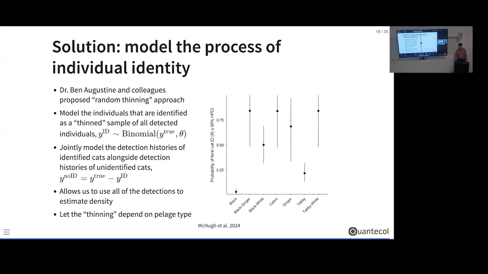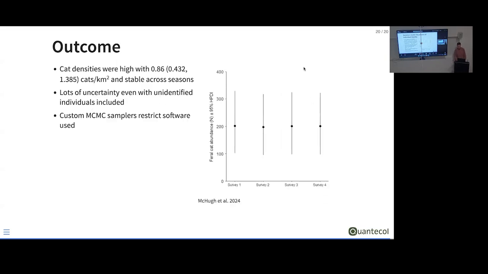So here, we probably could have just fixed the black identification to 0 because you can't identify them. But you see how some of the cats that have different pelage types have very high probability of correctly identifying them, and some of them, like particularly tabby and black, very low probabilities.